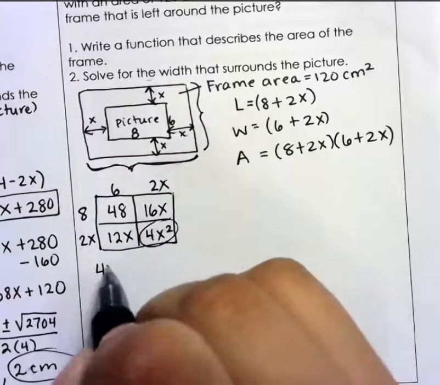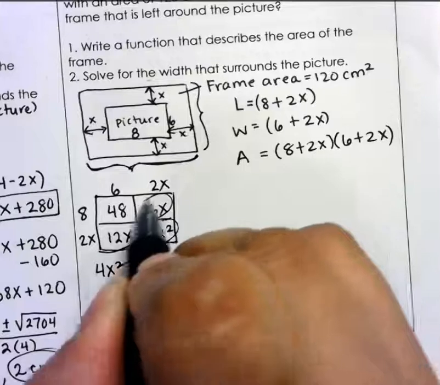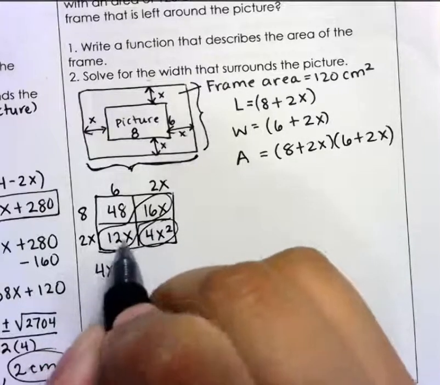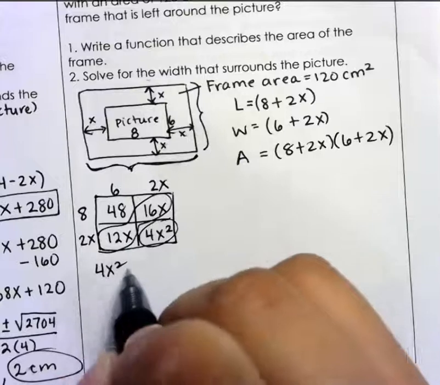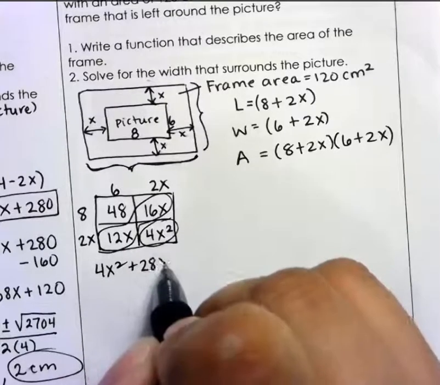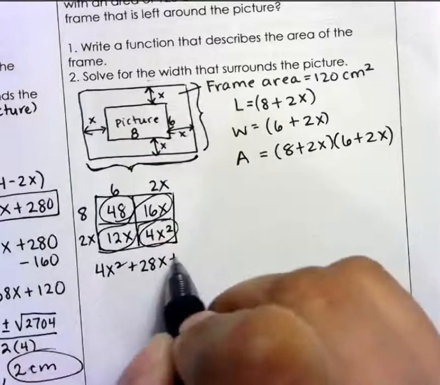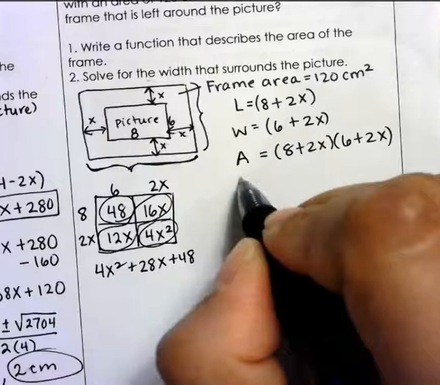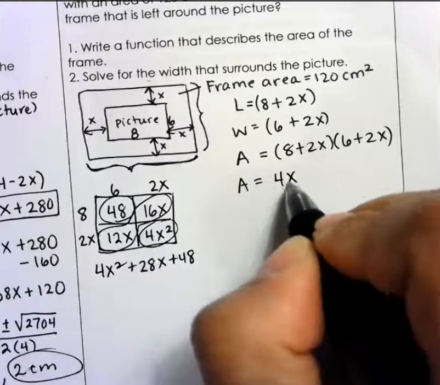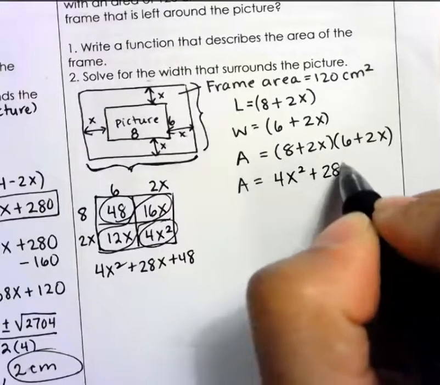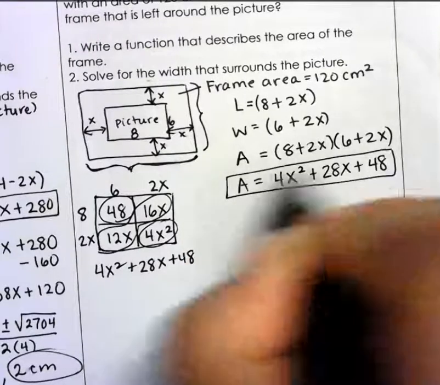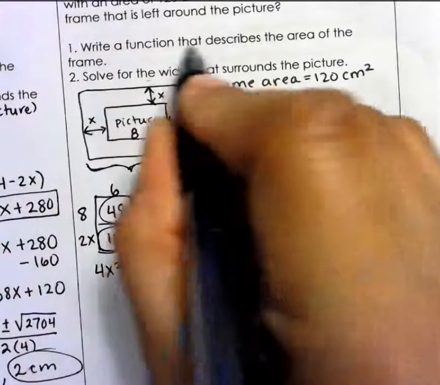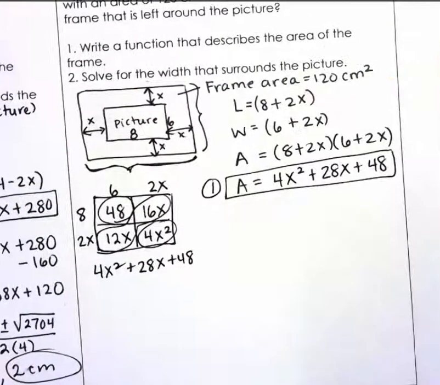Combining the terms, 12x plus 16x are like terms, which gives you 28x, plus the constant 48. So the area is 4x squared plus 28x plus 48. And this is the answer to number 1. Write a function that describes the area of the frame.